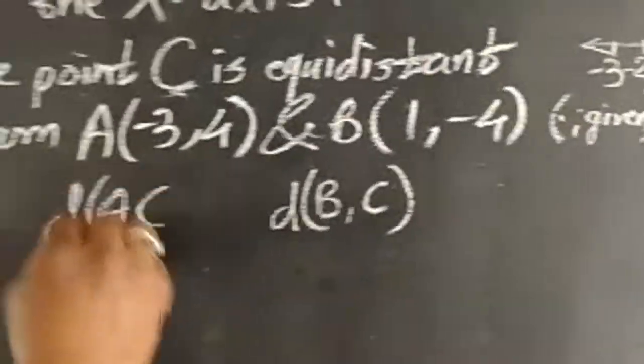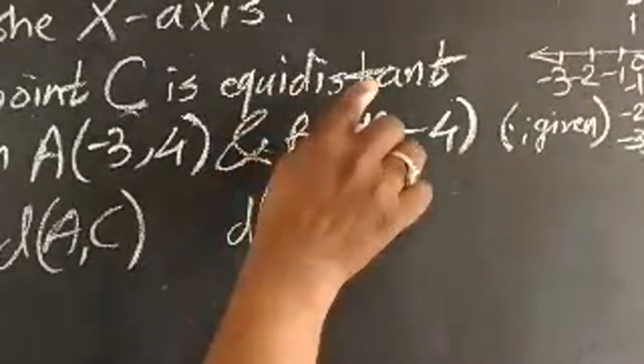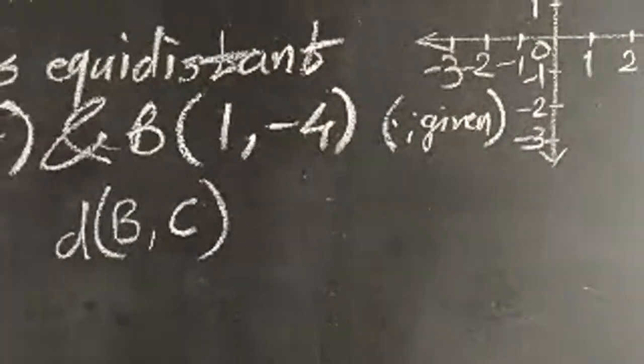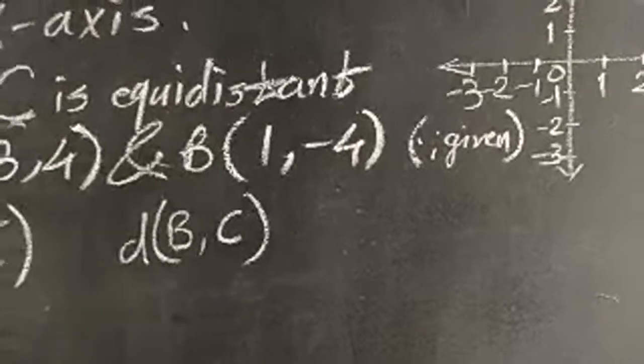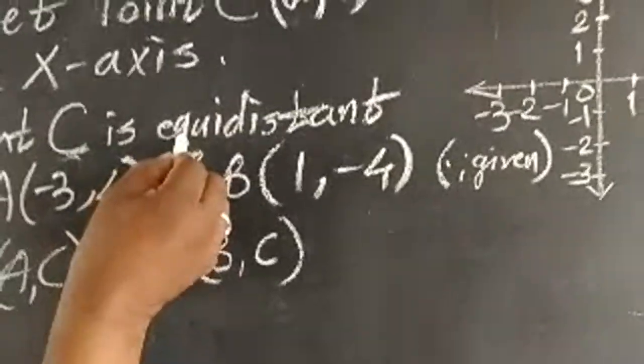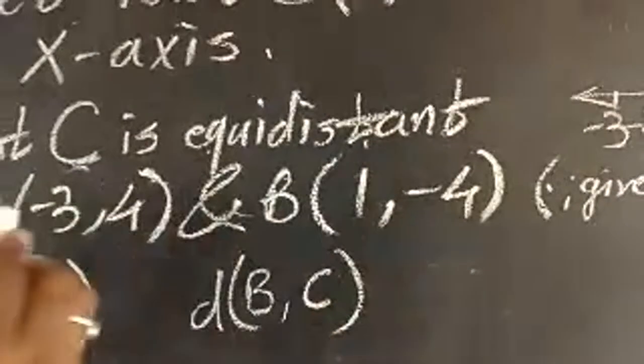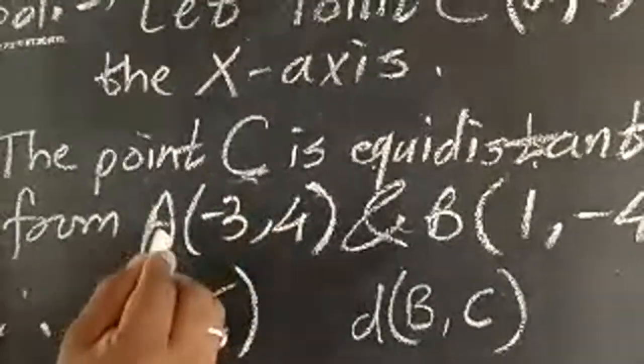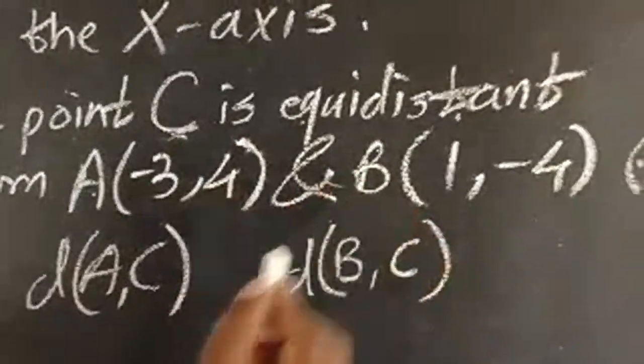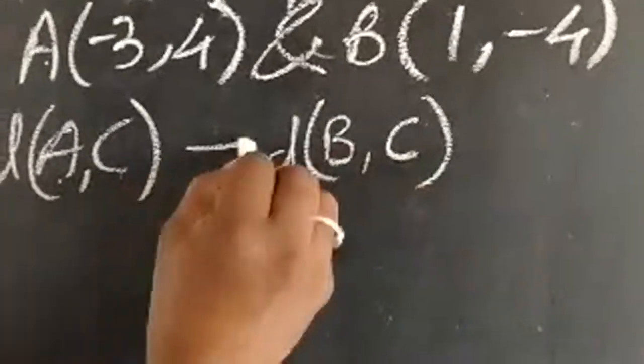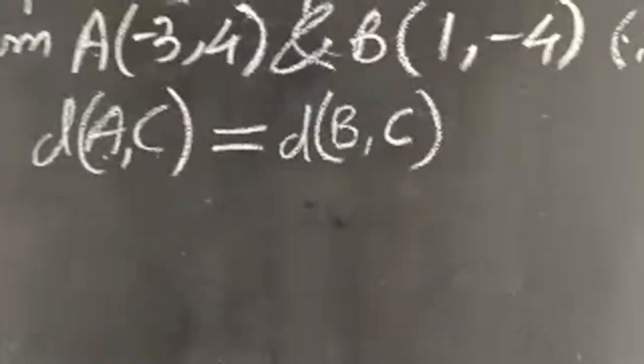Both distances are equal, is it correct? The distance from C to A and C to B, that is AC and BC, is equal.